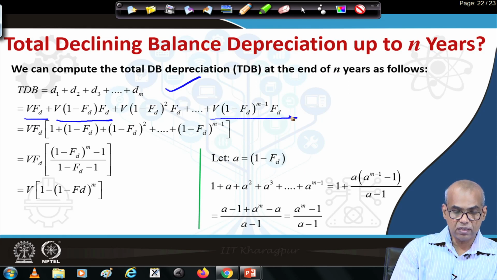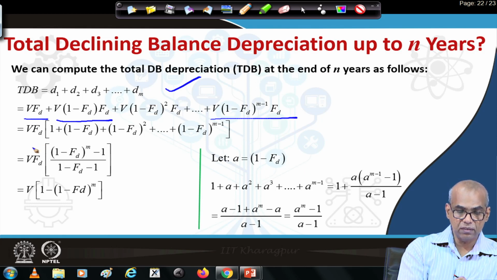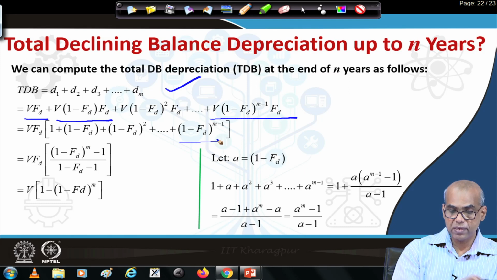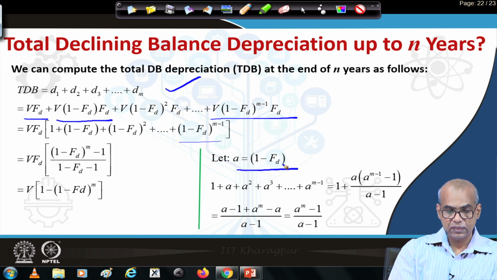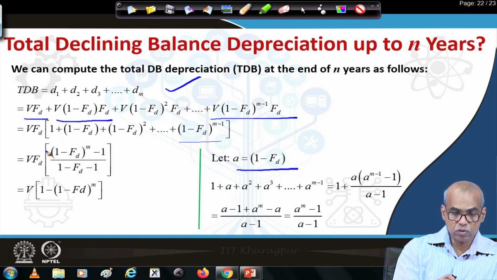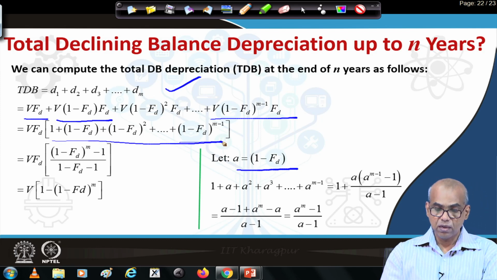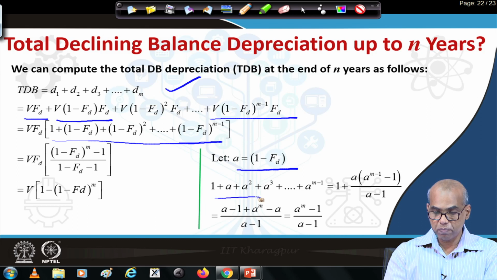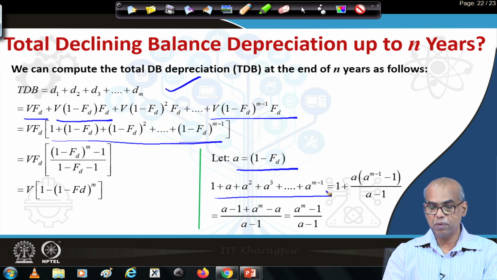If you look at this sum, it is nothing but V FD into 1 plus 1 minus FD plus 1 minus FD whole square up to 1 minus FD to the power m minus 1. If you let 1 minus FD equal to A, this series within this square bracket is nothing but 1 plus A plus A square plus A cube up to A to the power m minus 1.